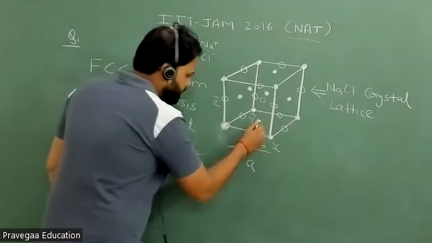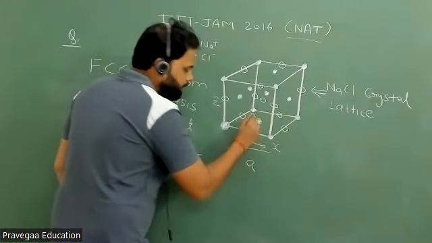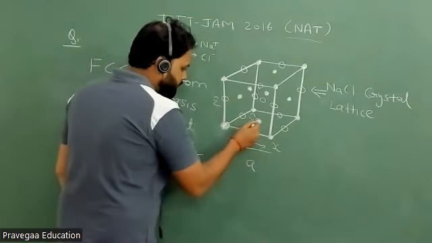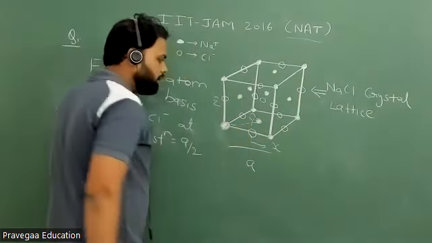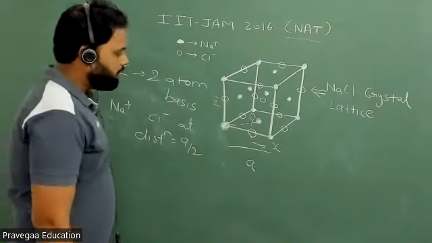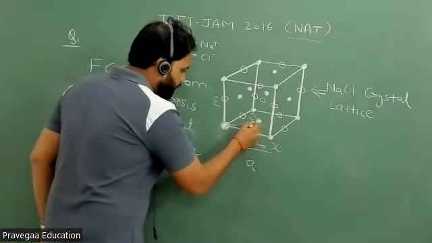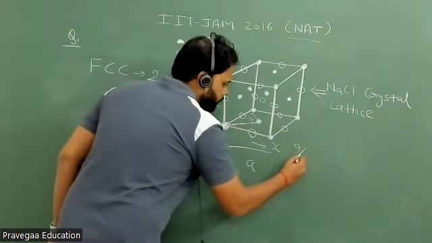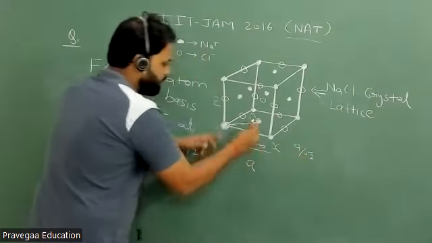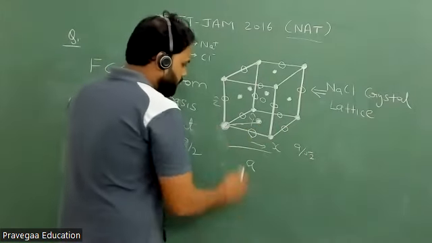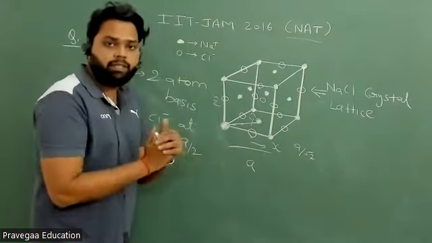But if we take this sodium ion, which is present at the face center, this distance will be half of the face diagonal, so it will be a by root 2. And this is also a sodium ion. So this will be our second nearest neighbor distance.